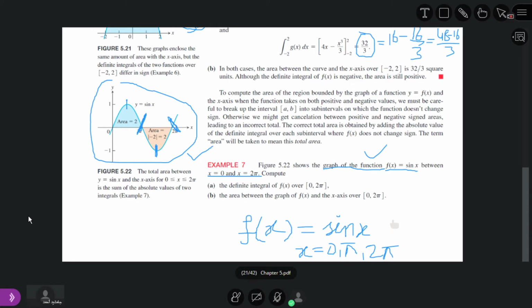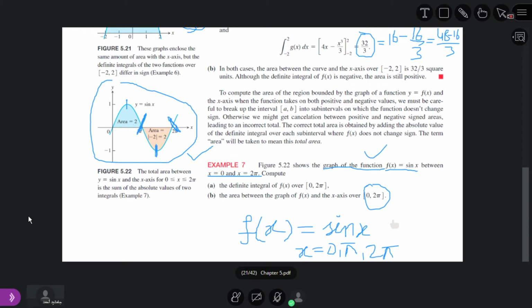Whenever we have to find the indefinite integral, there is no need to subdivide the interval, but if you have to find the area, you must find the zeros of the function, and then you have to divide the interval into sub-intervals.